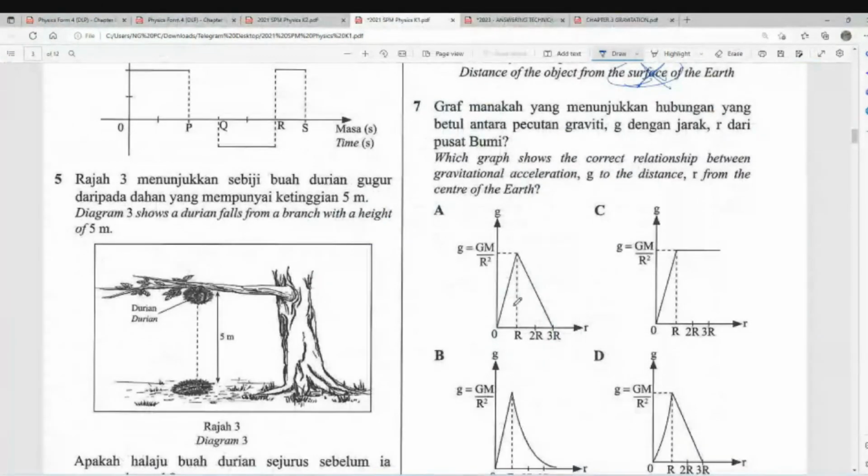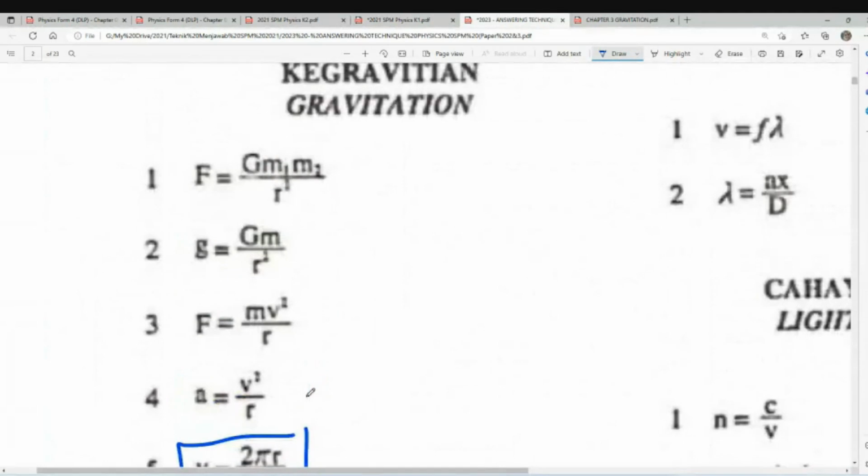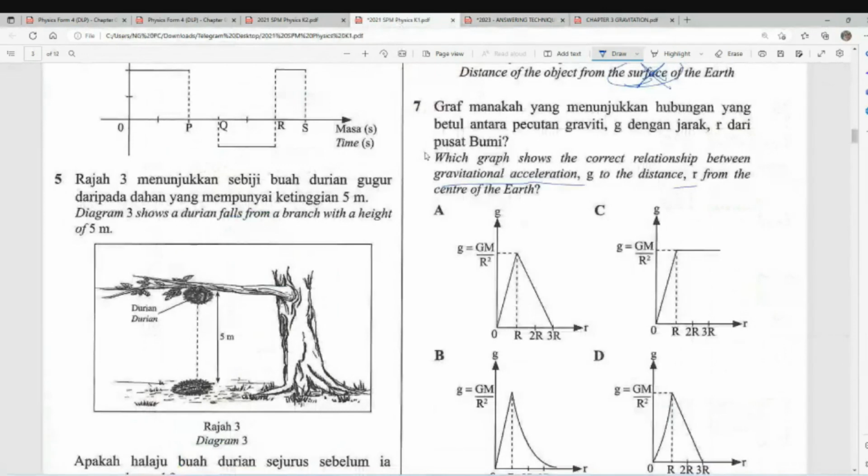The next one is also asking about the relationship. Which graph shows the correct relationship between the gravitational acceleration and the distance from the center of the Earth? So it's about the gravitational acceleration, g, and r. Then we go back to the formula. Is there any formula where we can find g? Here, g and r, this is the one: g equals GM over r squared.